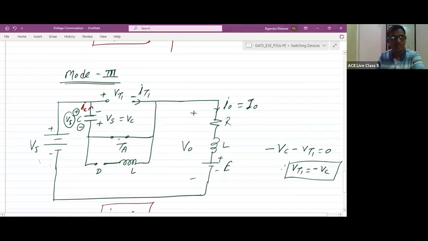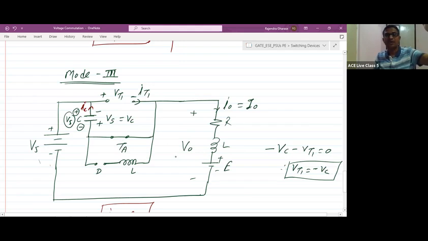As soon as thyristor Ta turns on, the voltage across the load is this Vs, and here minus, here plus, this voltage was Vs. So it is Vs plus Vs, 2Vs voltage will appear across the load suddenly. As soon as thyristor Ta turns on, at that instant V0 is equal to 2Vs.